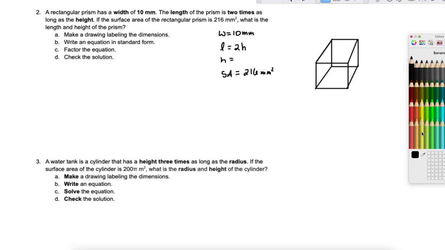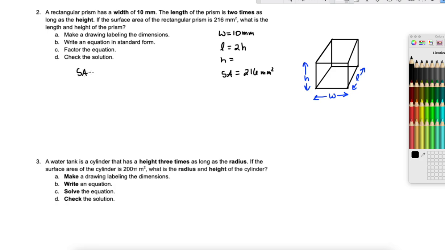Alright, so we have a length dimension, a width dimension, and a height dimension for this rectangular prism. And so in our surface area equation, I'm just going to write the equation.